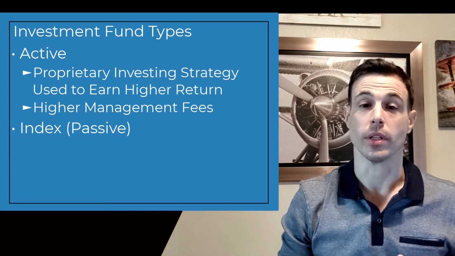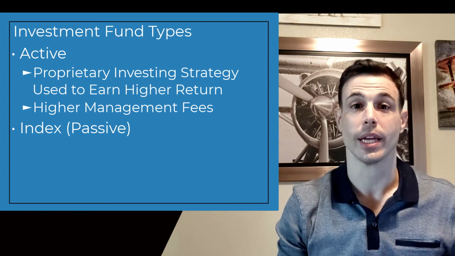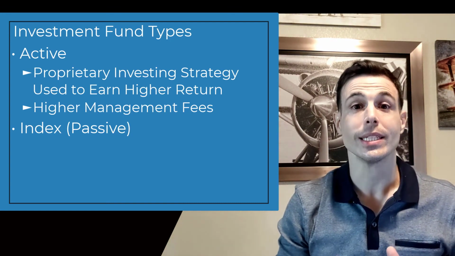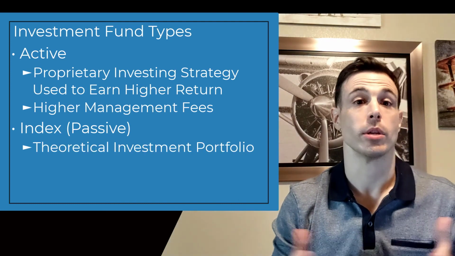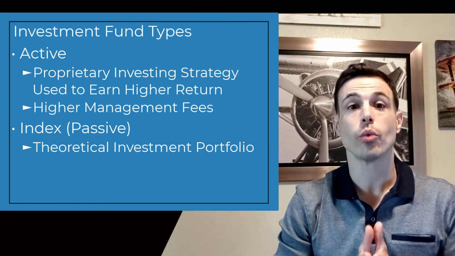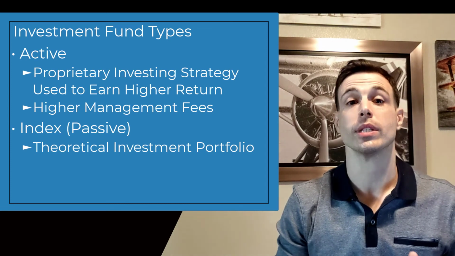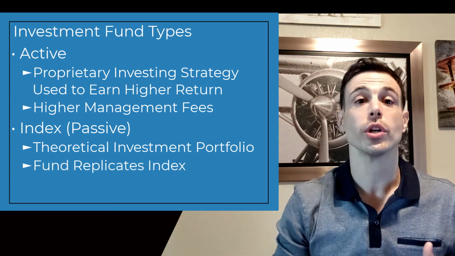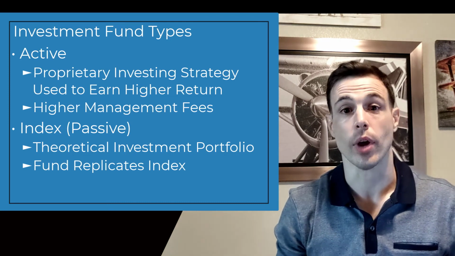Now, index funds, also known as passive funds, track the performance of an index. And an index is a theoretical portfolio of investments in some segment of the financial market. Now, because you can't directly invest in an index, in most cases you have to invest in an index fund if you want your investments to mimic the performance of whatever index you're trying to track.